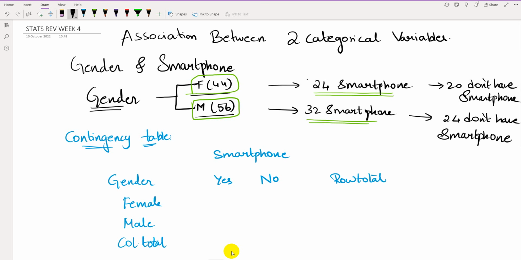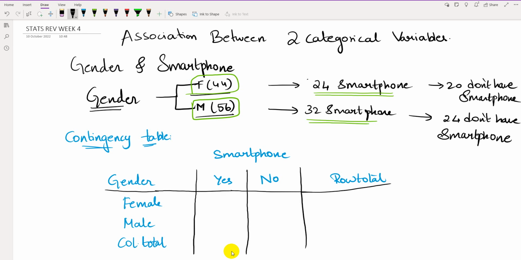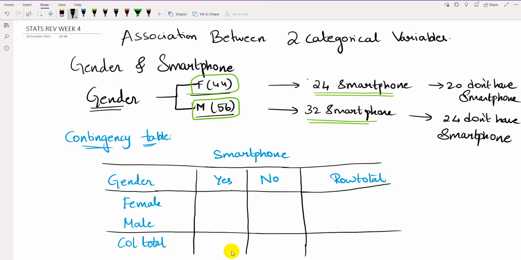So this is the table. As this is the table, the table is complete. This is called the contingency table.